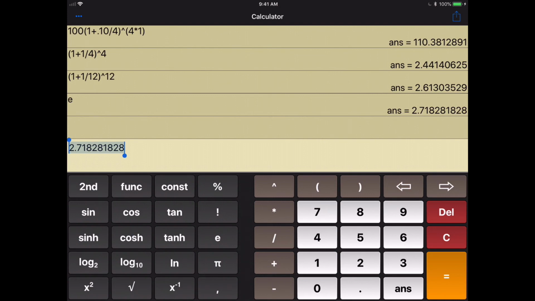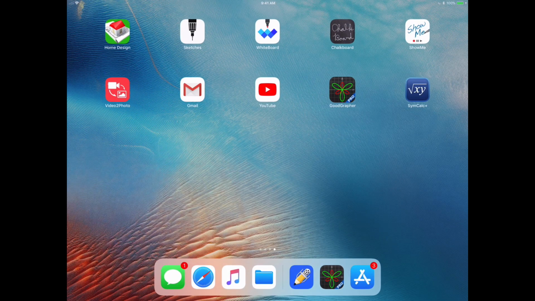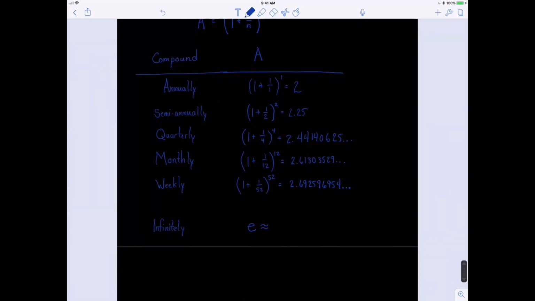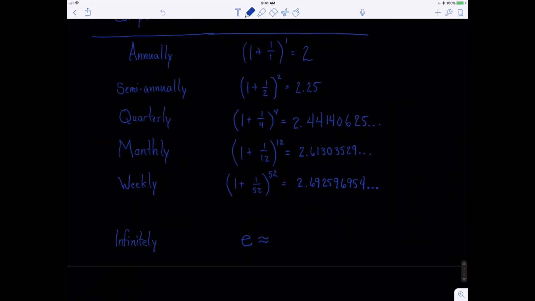It's a non-repeating pattern. That is the decimal approximation for the number E. So let's write that down: 2.718281828, and it just goes on and on and on. And that is where they arrive at the number E.